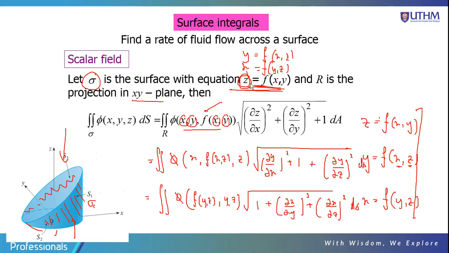If the surface is z, the projection is on the xy plane. If the equation is x, the projection is in the yz plane. If y, the projection is in the xz plane. The formula is the same, only the projection of the surface differs.